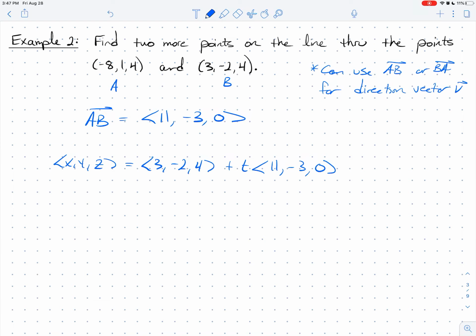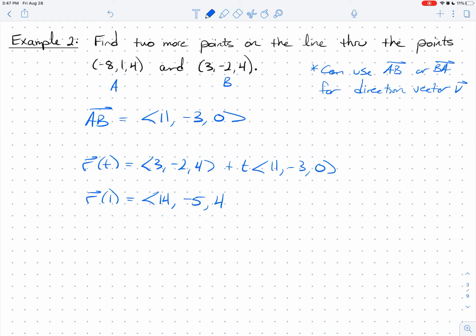Now, instead of x, y, z, I'm going to say r of t. If I were to look at r of negative 1, I'm going to get back the other point. So r of 1 is good. We're good to go. I'm going to get 14, then negative 5, and 4.